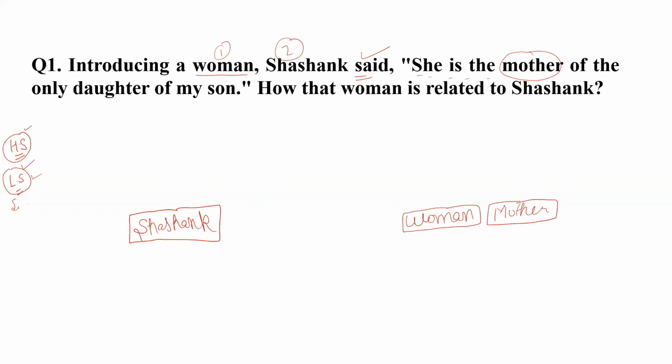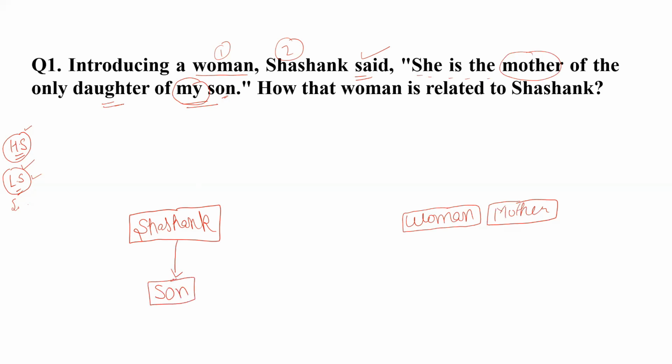Mother of the only daughter, mother of the only daughter of my son. So here Shashank is referring to his son. Shashank's son has a lower status of relationship than Shashank. That's why we shall write him just below Shashank. So here we are writing his son.